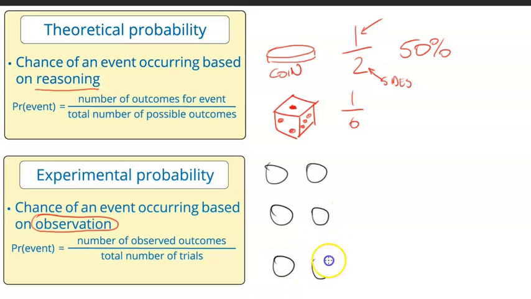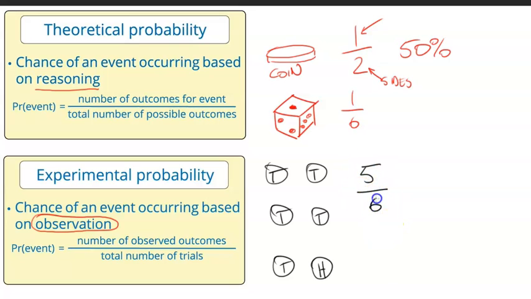There are 6 trials, and you got tail, tail, tail, tail, tail, and only 1 heads. And then you said, okay, what's the probability that my next flip is going to be a tail based on experimental probability? Well, in this case, this will be a 5 in 6 chance.